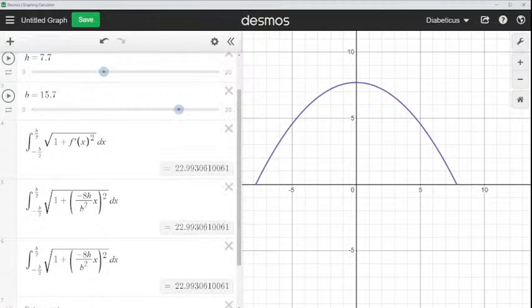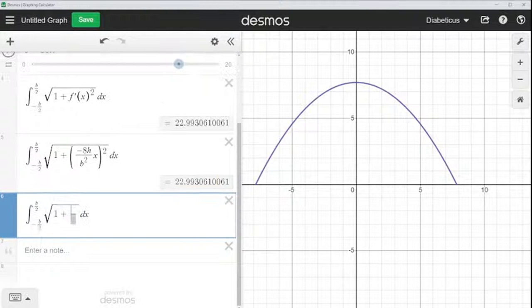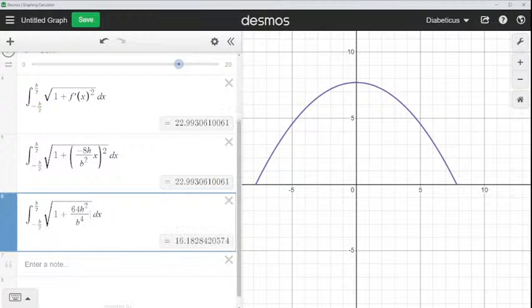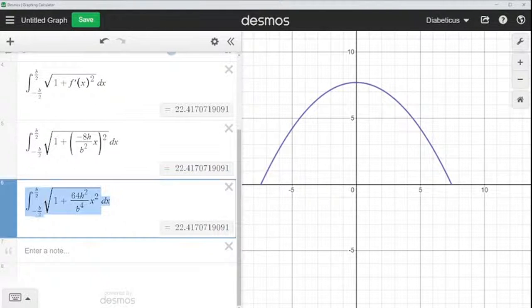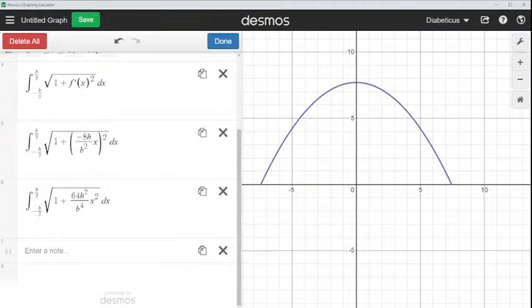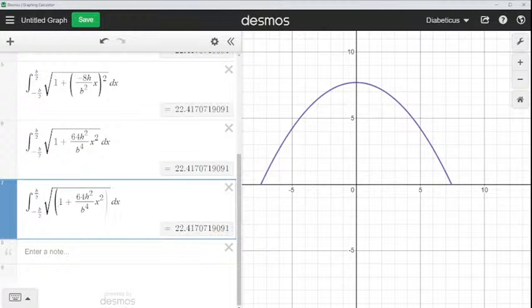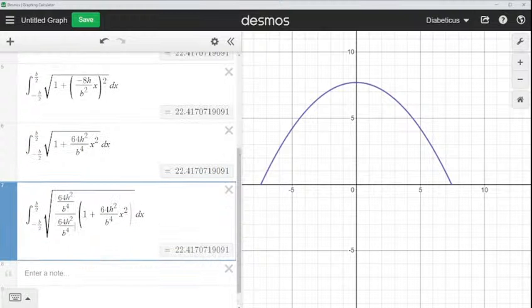Algebra. Let me expand this. So it's 64h squared over b to the 4th, x squared. If I change things, they all change to the same number. Now, what if I factor out 64h squared over b to the fourth like that?